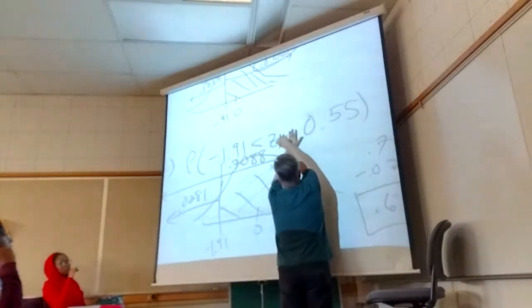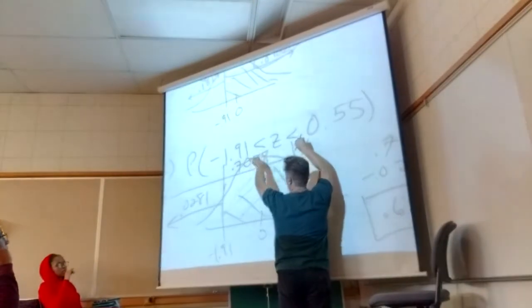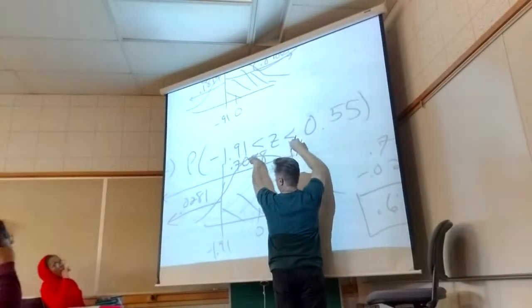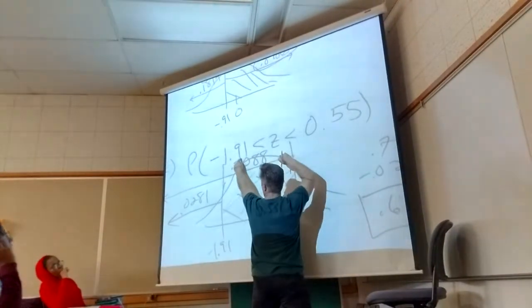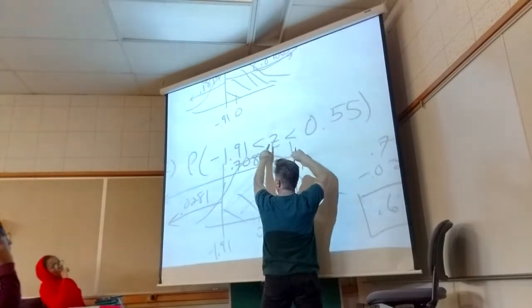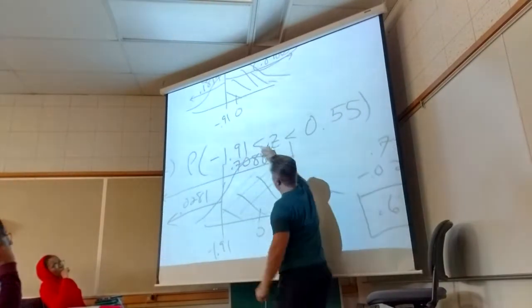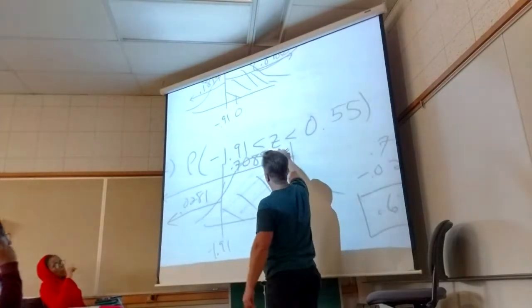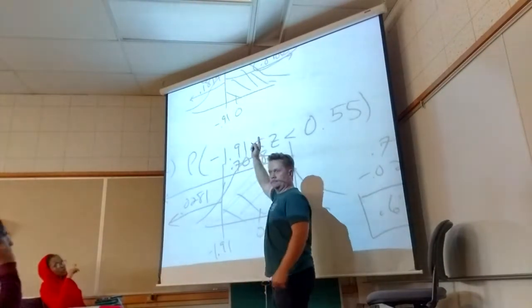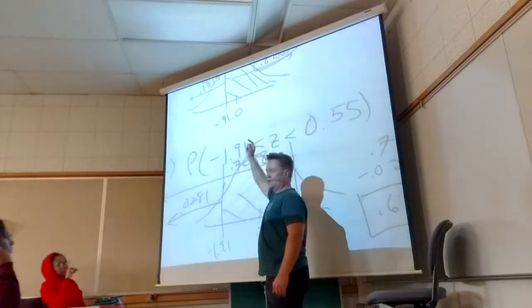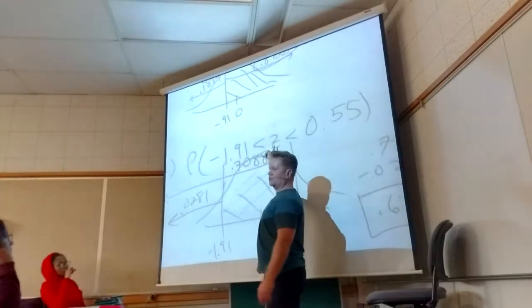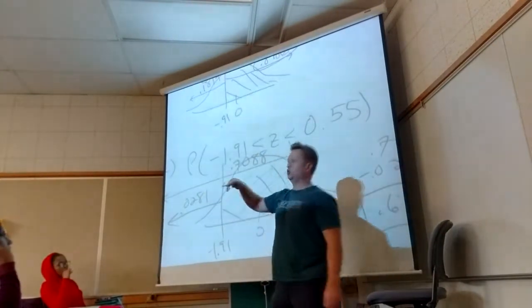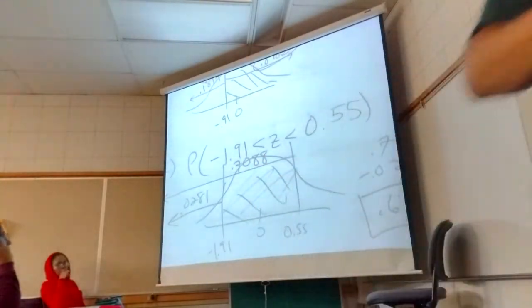Read that from the perspective of Z. Negative 1.91 is less than Z, which means Z is bigger than that. So Z is bigger than that and smaller than that. Well, that's why the best way to say this is Z is between those things, because your brain says it's a less than, but see how the variable's on the wrong side.